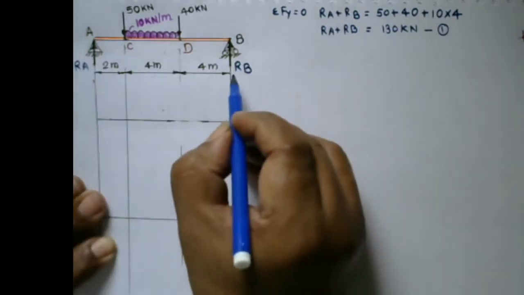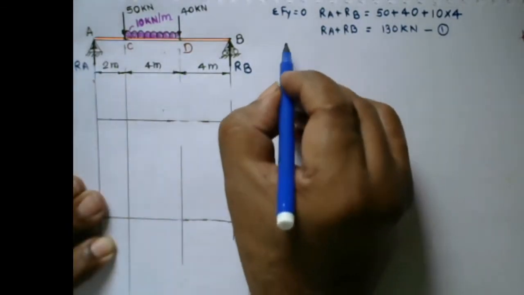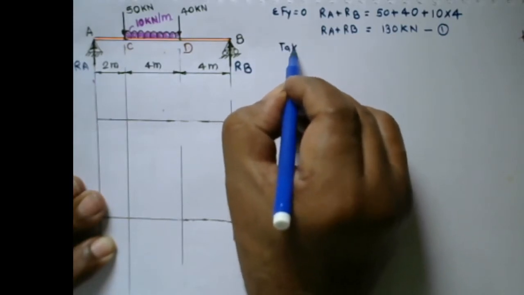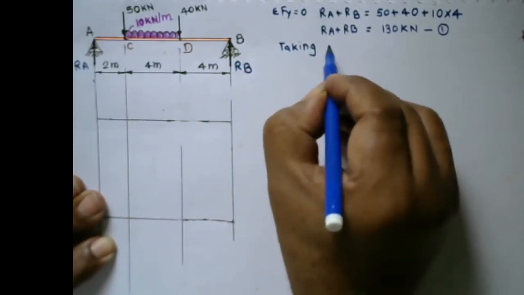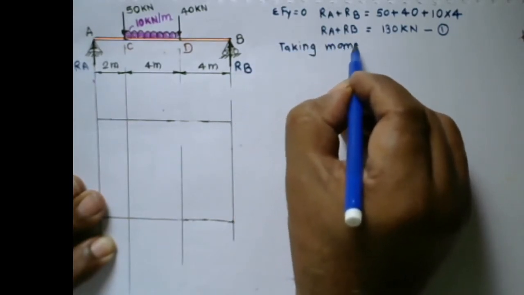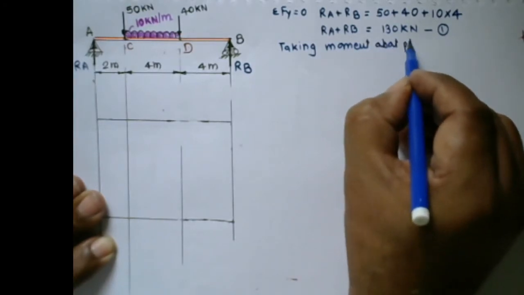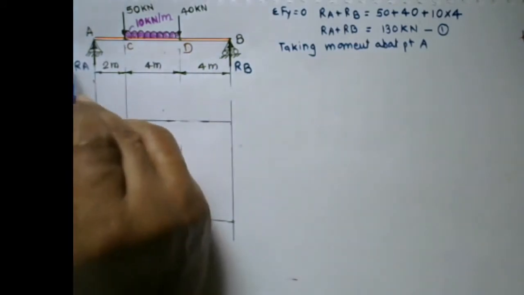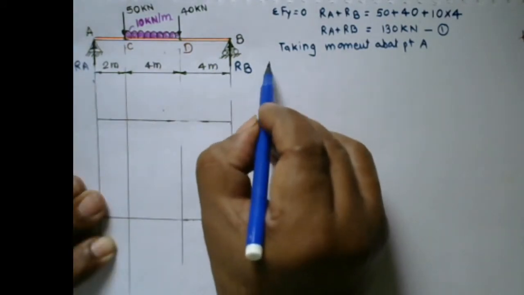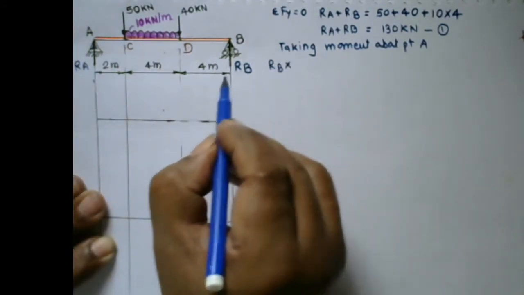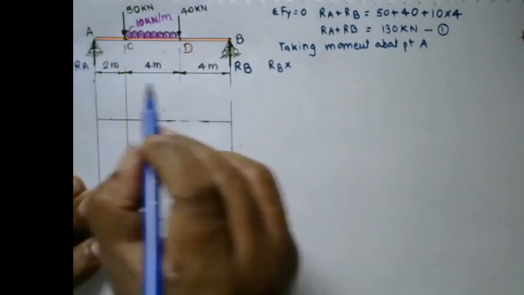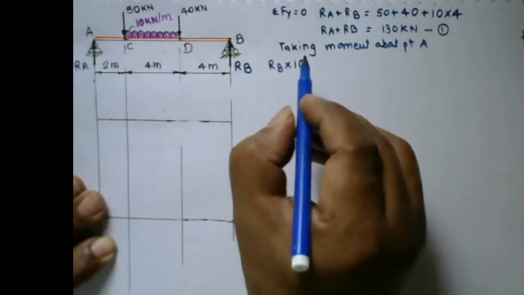To calculate the reactions RA and RB, we have to take moments about point A, or you may take moments about point B also. So taking moment about point A, we will go from right to left. First consider RB into its distance up to point A, which is 10.